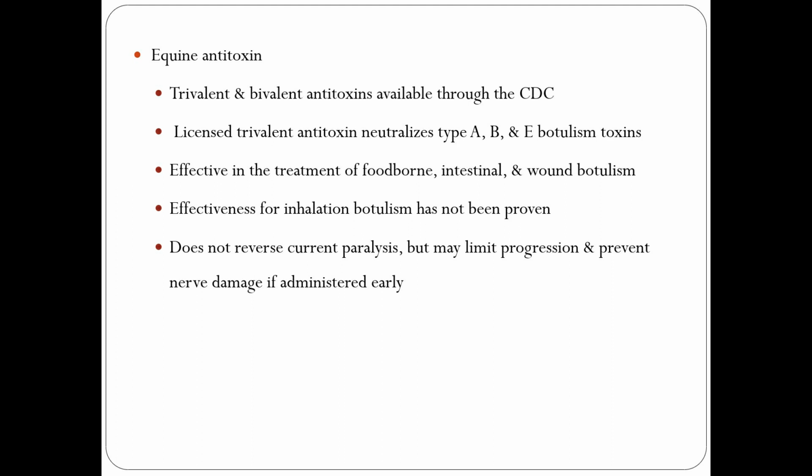It may also be effective for inhalation botulism, as botulism can be transmitted through inhalation as well, but it has not been proven. It does not reverse the current paralysis, but it may limit the progression and prevent nerve damage if administered early.